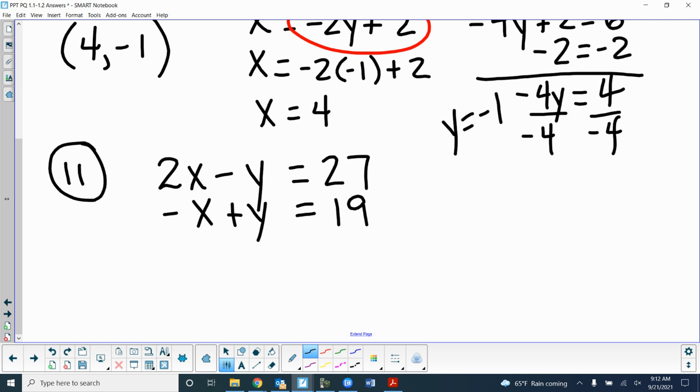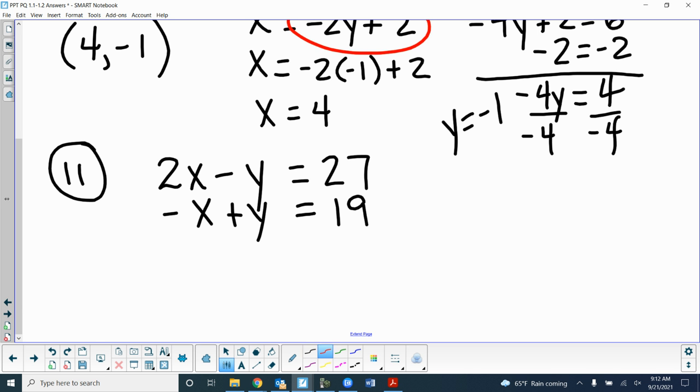Look at the y's. What's their coefficient? 1, right? So I don't have to do anything to this. I don't have to multiply one of them or both of them because they already have a 1 in front.